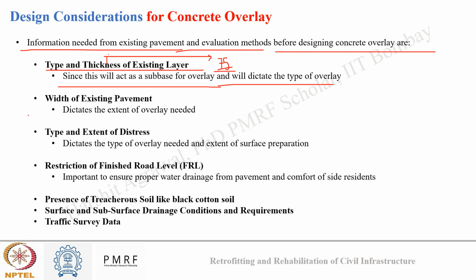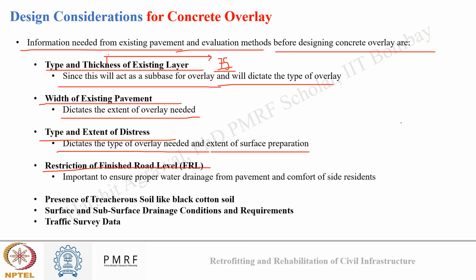The width of the existing pavement is also very important since it will dictate the extent of overlay that is needed. The type and the extent of distress will dictate the type of overlay that is needed and the extent of surface preparation that we require. Okay, and the restrictions on finished road level.